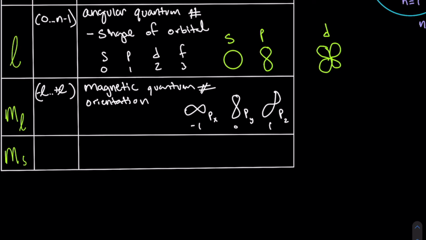Lastly, you have magnetic spin. And the only values you can have here, it's pretty simple. It's just positive and negative 1/2.